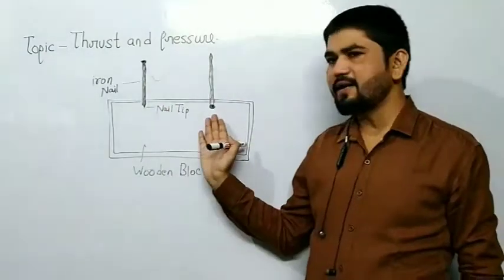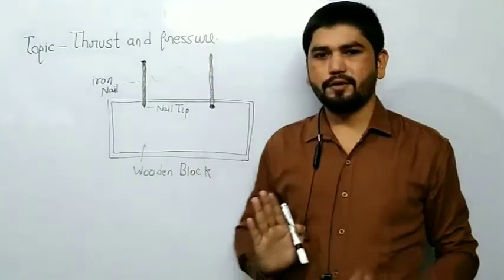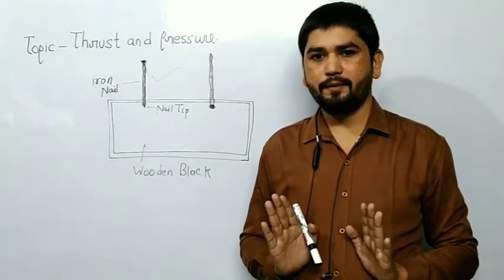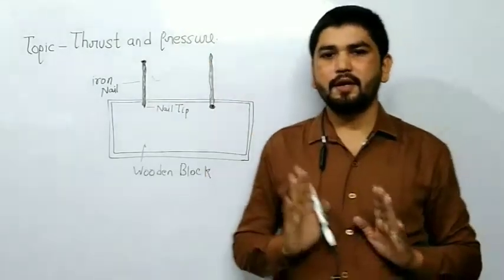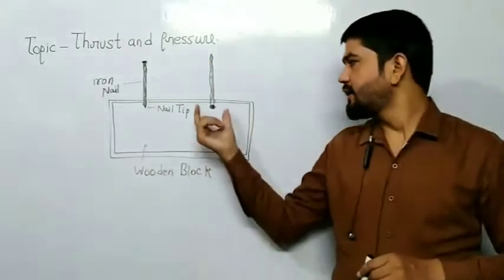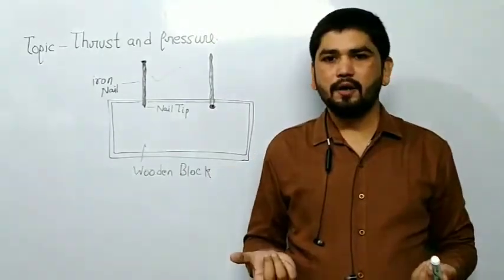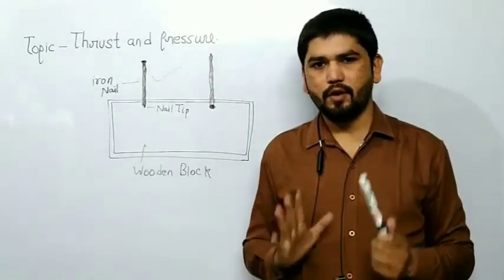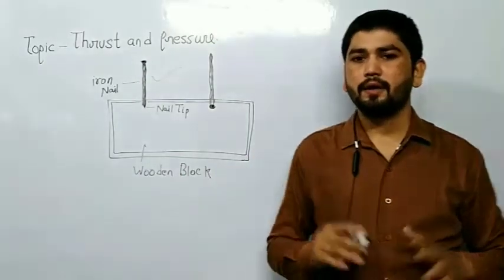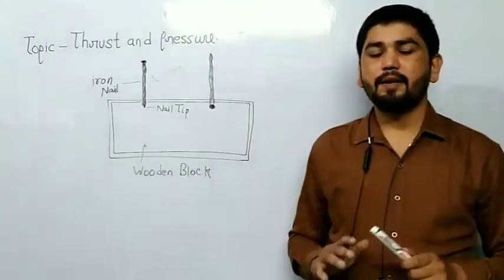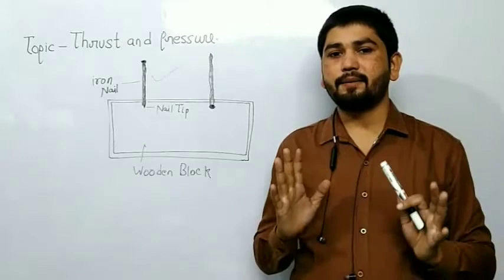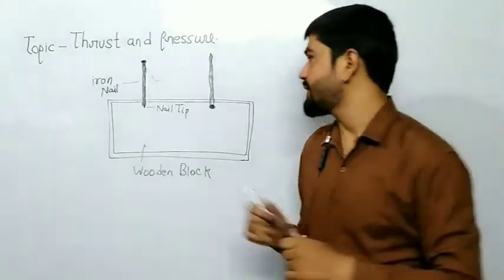If area is greater, greater force is required to embed this iron nail into the wooden block. Got it, guys? Okay. So now what we can see? What will be the pressure? What do you understand by pressure?